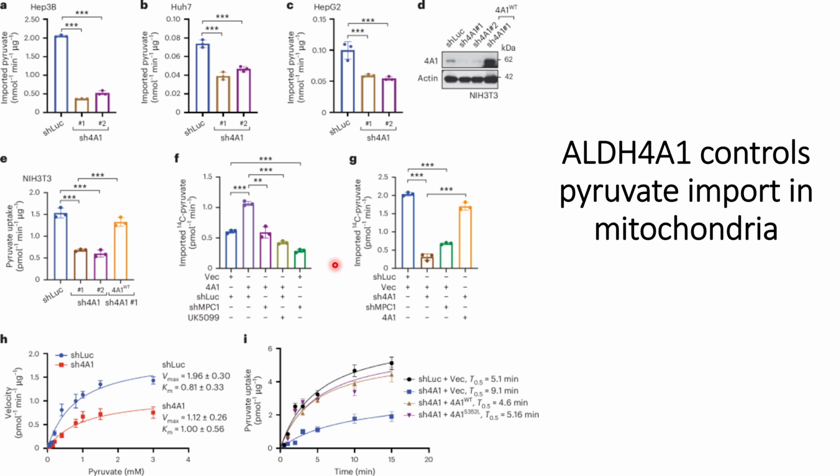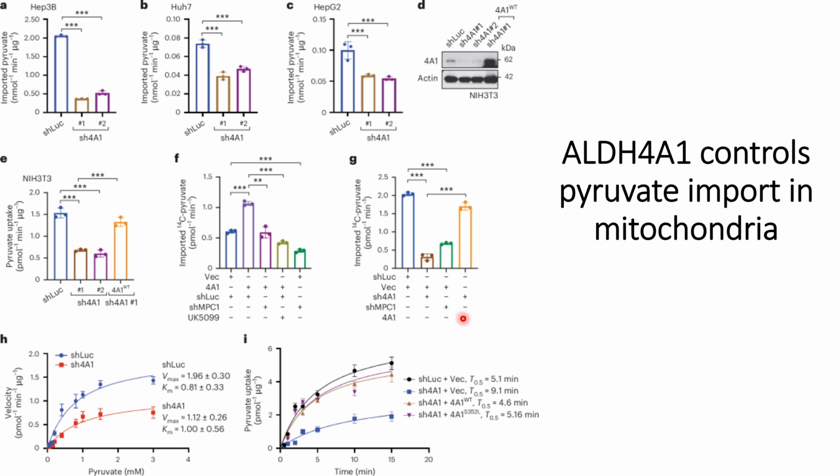Thereafter they checked the impact of reinstating 4A1. When it is knocked down, we see a decrease in the imported 14C pyruvate, and when they knock down MPC1, they also see a decrease compared to the control.